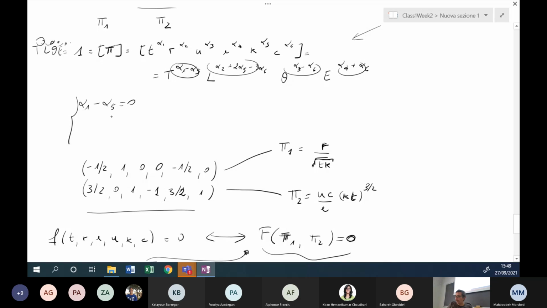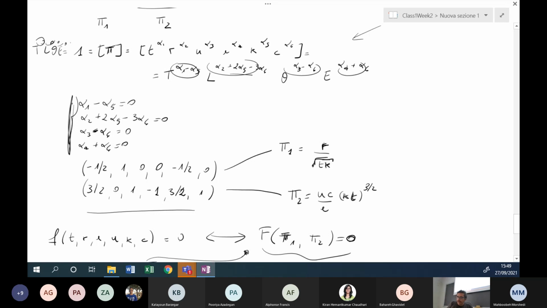Here I just wrote alpha 1 minus alpha 5 equal to 0, then alpha 2 plus 2 alpha 5 minus 3 alpha 6 equal to 0, which comes from here. Then alpha 3 minus alpha 6 equal to 0, and alpha 4 plus alpha 6 equal to 0.